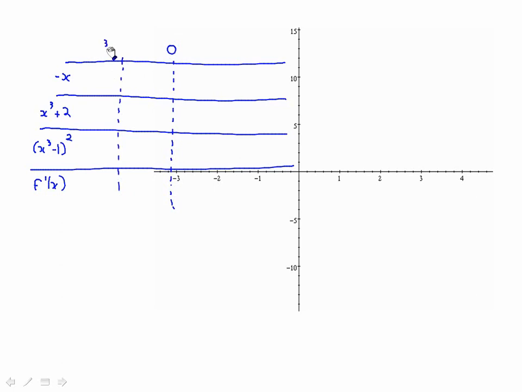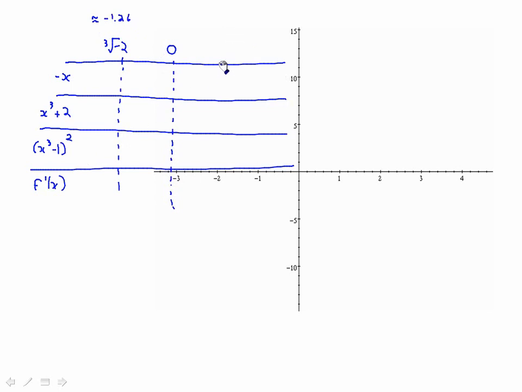So you probably want to work that value out so that you know what numbers to pick. So take the cube root of negative 2. It's about negative 1.26. So we know where to go with this one.